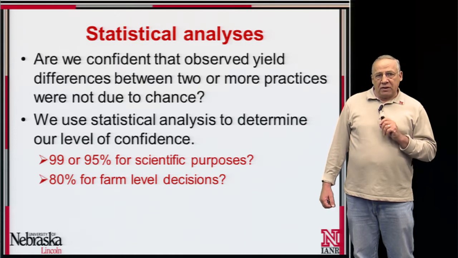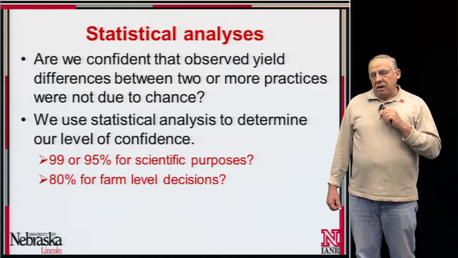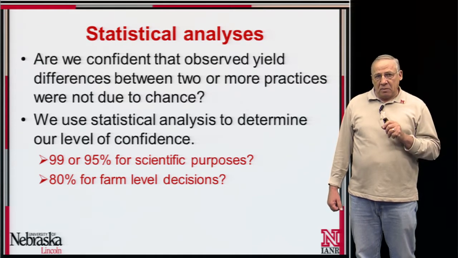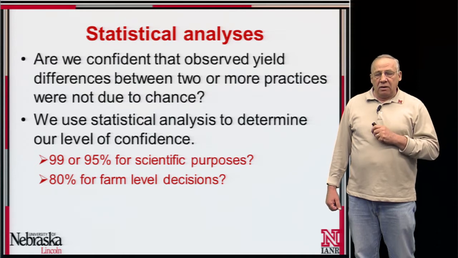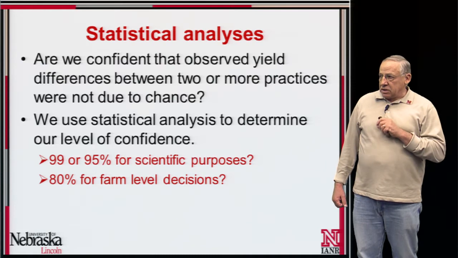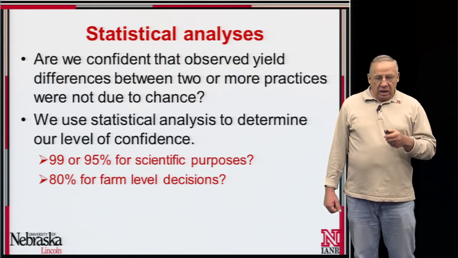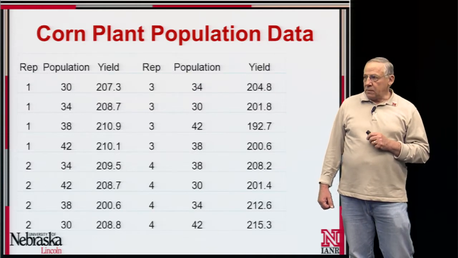These levels of confidence depend upon our purpose. If we're doing it for scientific purposes, we want a high level of confidence that we're right when we make a conclusion. If we're making decisions at the farm level, we can be satisfied with a lower level of confidence.